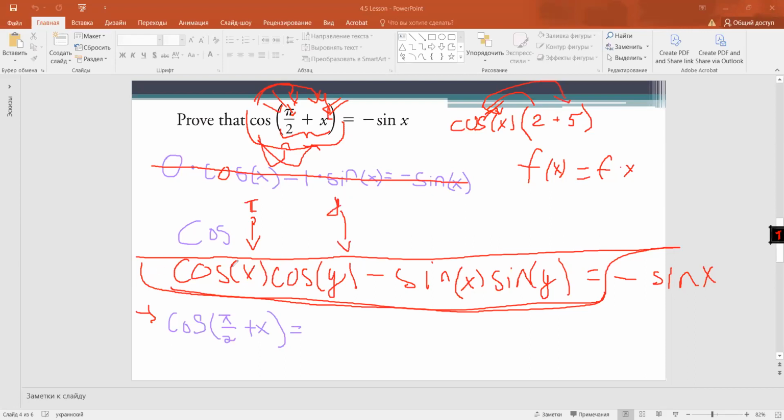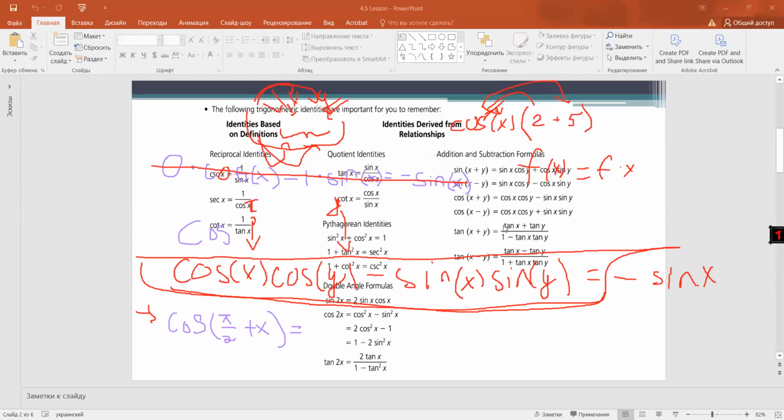Because this is the addition identity for cosine. I just wrote the formula that is on this table. It's right here. I'm going to use the green color to highlight it. Here, cosine x plus y equals cosine x times cosine y minus sine x times sine y.